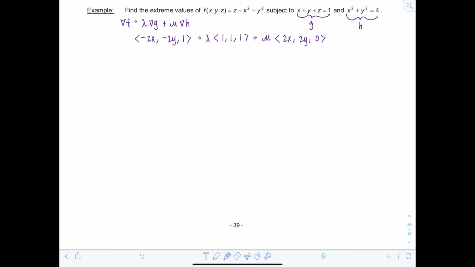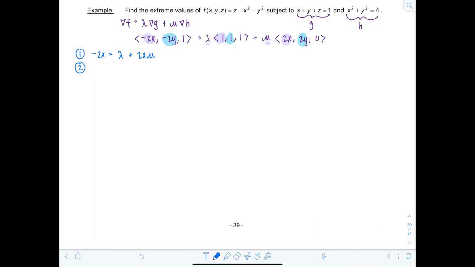All right, now we're going to set up our system of equations. So remember, we set each of the components equal to each other. Just don't forget your lambda and your mu. So equation 1 is going to be negative 2x is equal to lambda times 1 plus 2x mu. Equation 2, now I'm going to come and set all of the second components equal to each other.